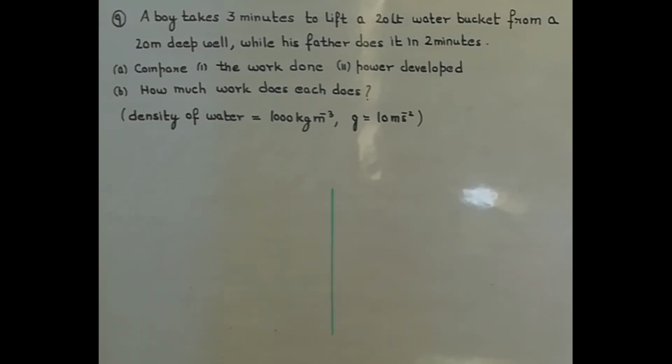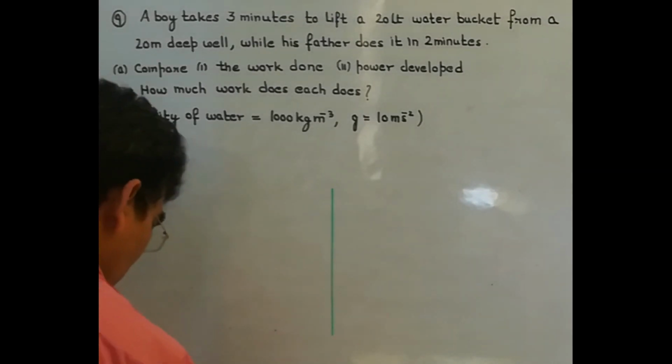But as you see in the B part, you have to calculate how much work each does. If this was not asked, we could have straight away written the comparison of their work as 1:1. But in the B part, they have asked for the work done by each, so we will need to calculate their work done.